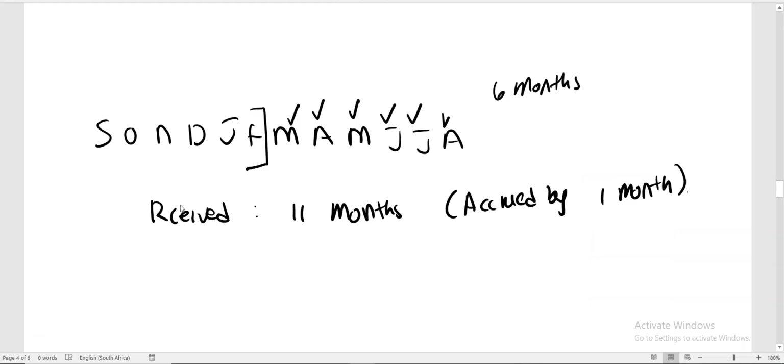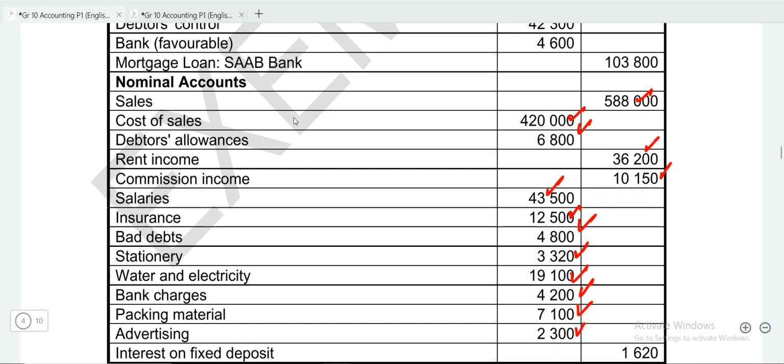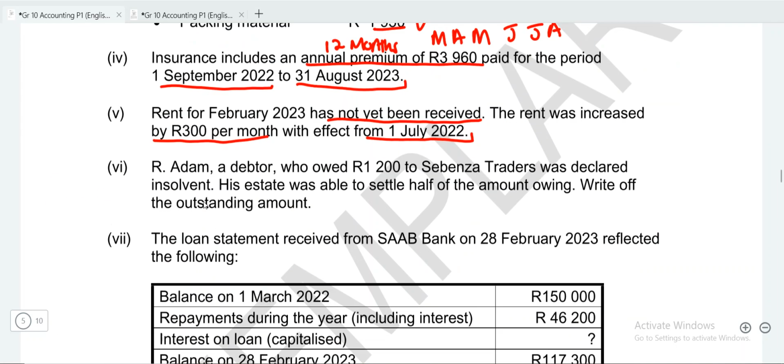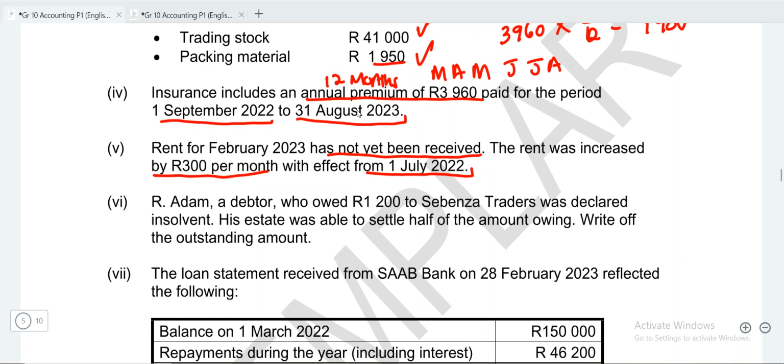Now this 36,200, guys, is equal to rent for 11 months, and it does include that increase that they are talking about. And according to here, they said that the increase took place on the 1st of July.